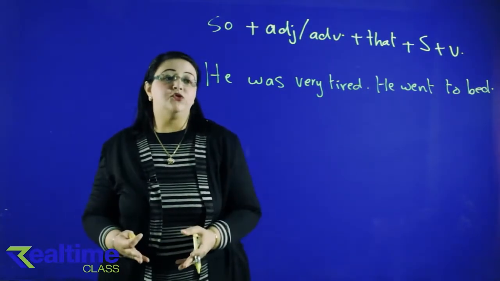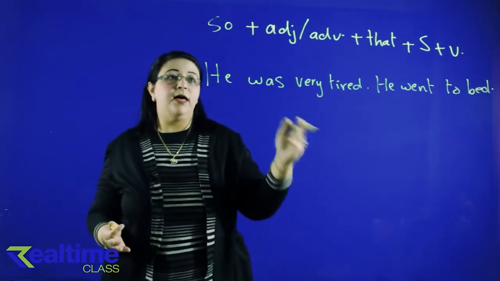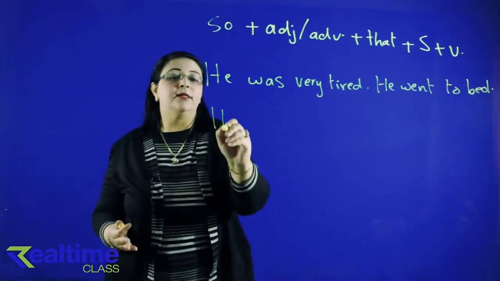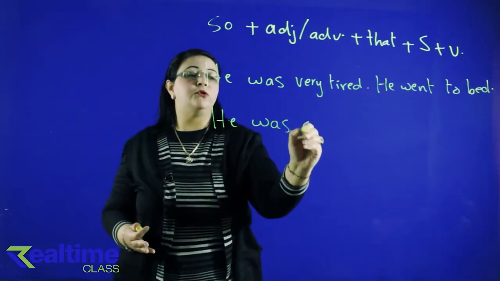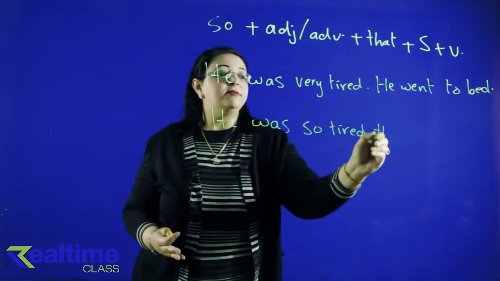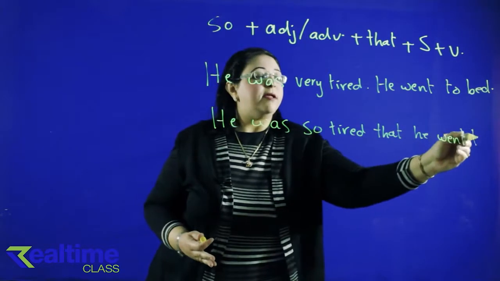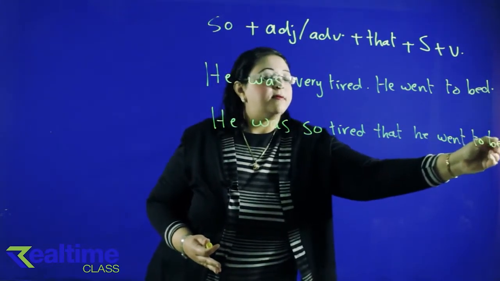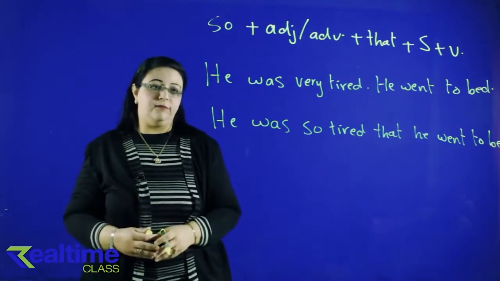So how can we join them to form one sentence? We dispense with very, and we use the rule. He was, tired is the adjective, so we put so before it, so tired that he went to bed. Here we are giving the result or the consequence of the adjective.